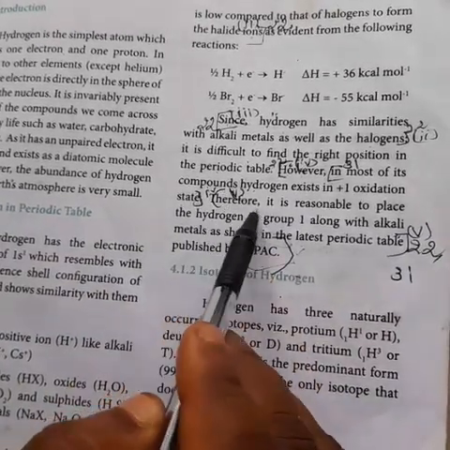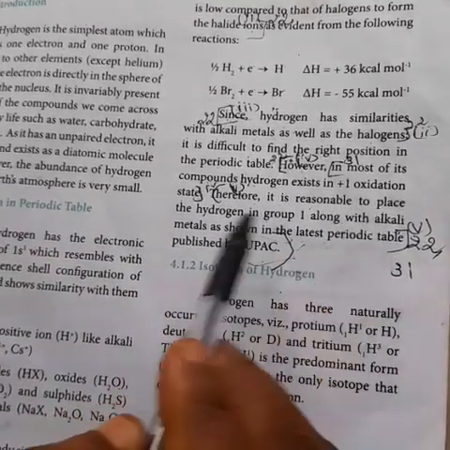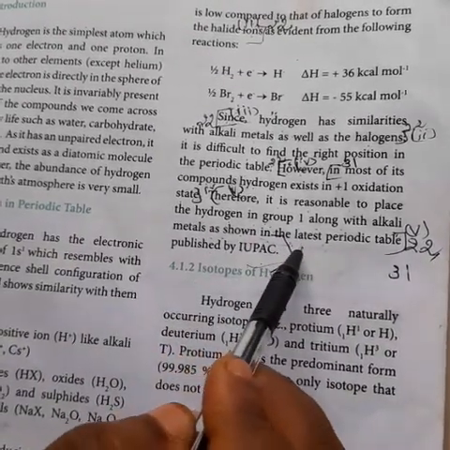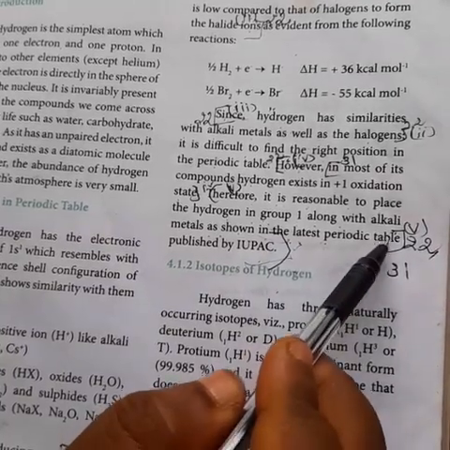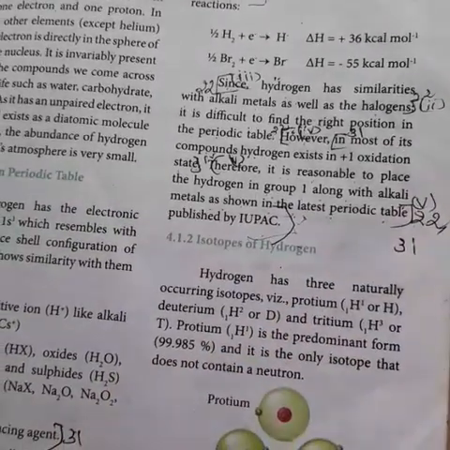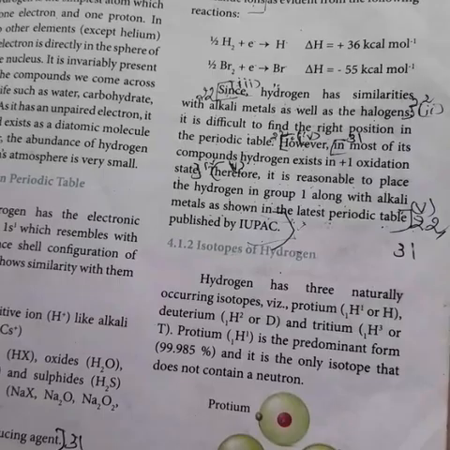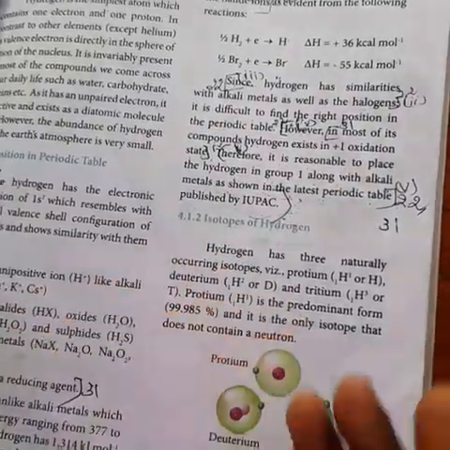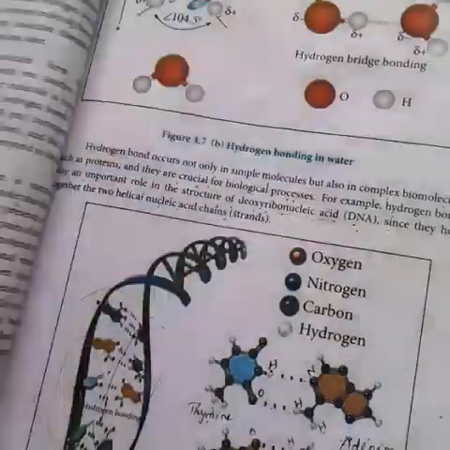And point number 5: therefore, it is reasonable to place the hydrogen in group 1 along with alkali metals as shown in the latest periodic table. Up to here, you have to mark. Point number 1 here to here, point number 2 here to here, point number 3 here to here, point number 4 here to here, point number 5 here to here. Understood?